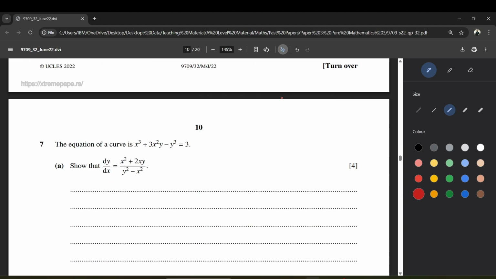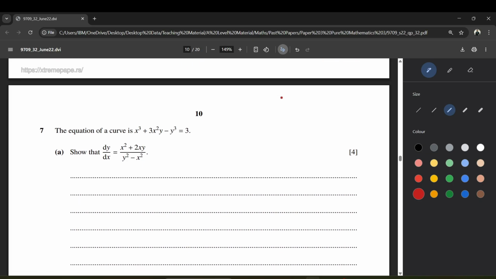All right, question number 7. The equation of a curve is x cubed plus 3x squared y minus y cubed equals 3. Show that dy/dx is equal to x squared plus 2xy over y squared minus x squared.